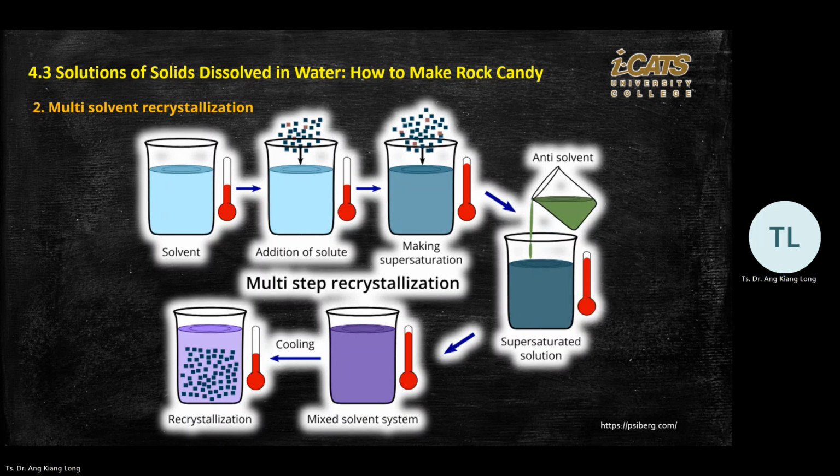For example, you start with a solvent at room temperature, add in solute, stir, increase temperature, add in solvent, and it becomes supersaturation. Then before you cool down, you add in an anti-solvent. You stir, and it becomes two solvents, because solvent number one is the sky blue color, and you add in a green-colored solvent, and it becomes a new solvent. Then you cool down, and it will recrystallize.